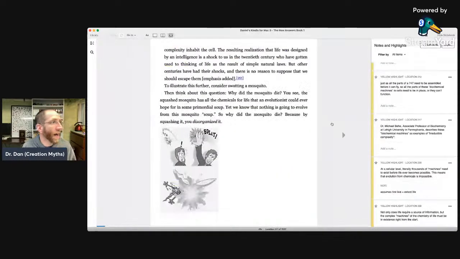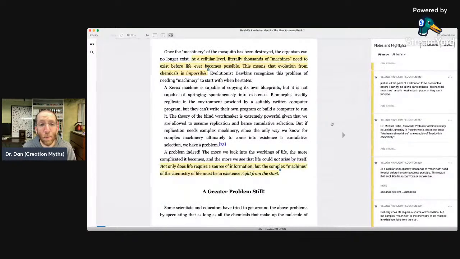Okay, here we go. At the cellular level, thousands of machines are needed before life is even possible. So now we are talking about the origins of life as irreducibly complex. And the assumption here is that the simplest systems that exist right now are representative of the first living systems to exist on Earth, and that is a flawed assumption.